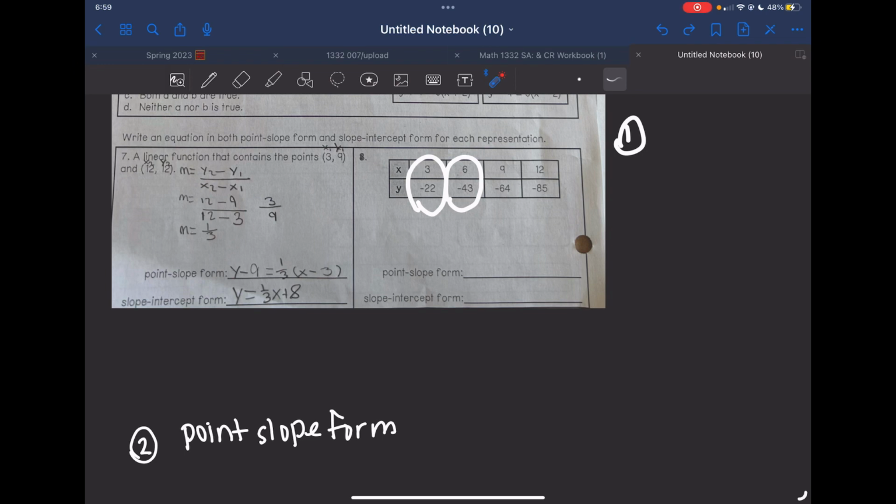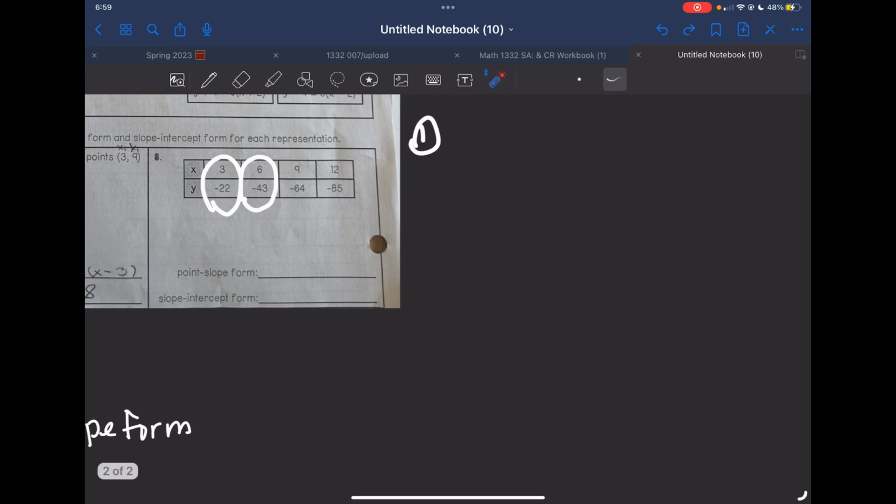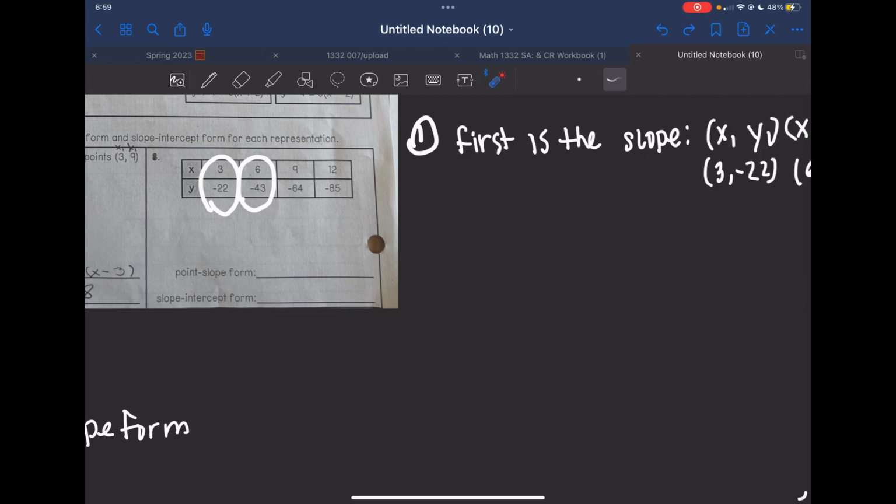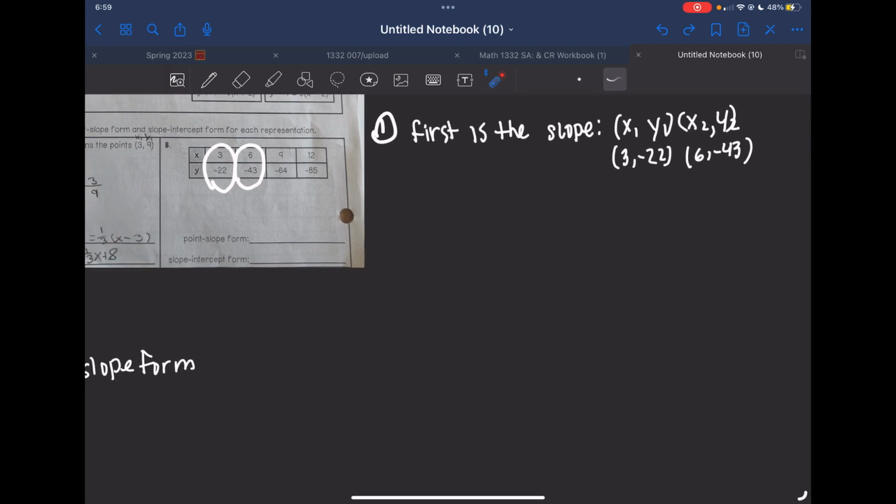So here we go. This is the representation of a function in a table. What we are looking for here are the 2 points that we're going to use for our slope. So the first thing we do is find our slope. When we find our slope, we're looking for x1, y1.